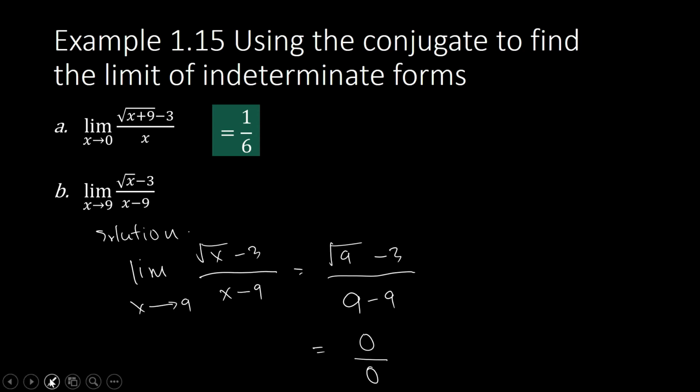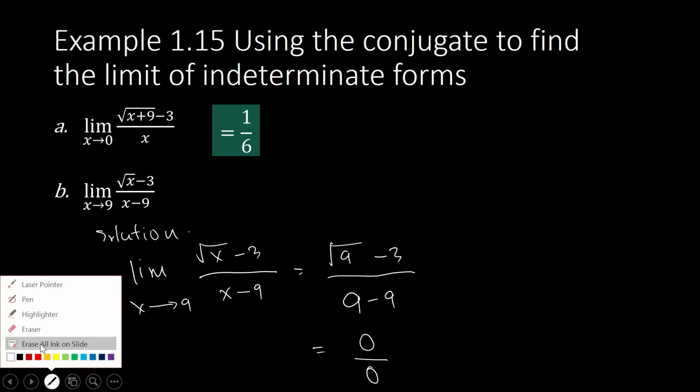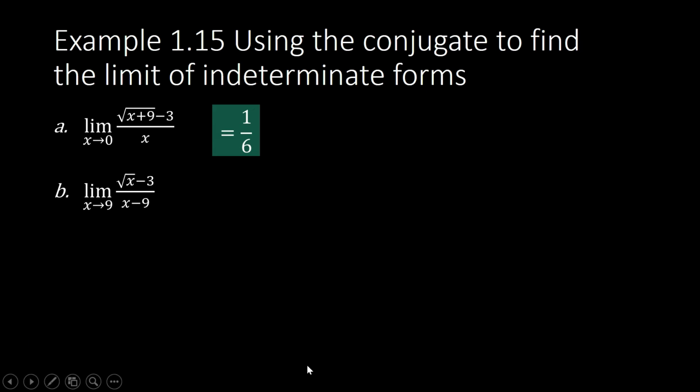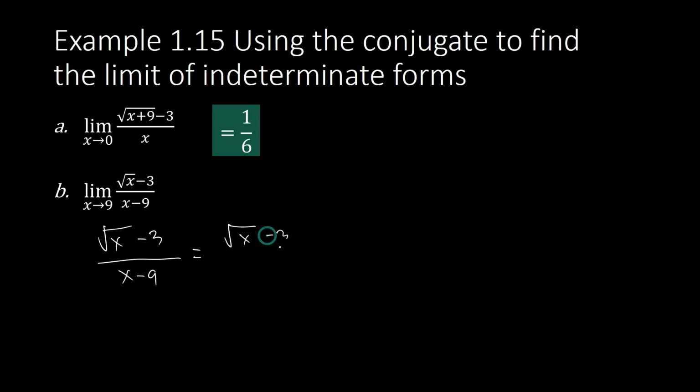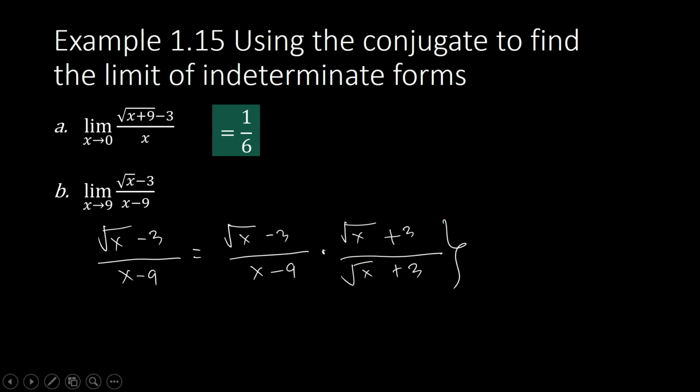So what I will do is, I will use the conjugate and let us see what will happen when we multiply this function by its conjugate. So this factor here is just equal to 1. And so multiplying that to our function does not change our function. We are working on the same function.